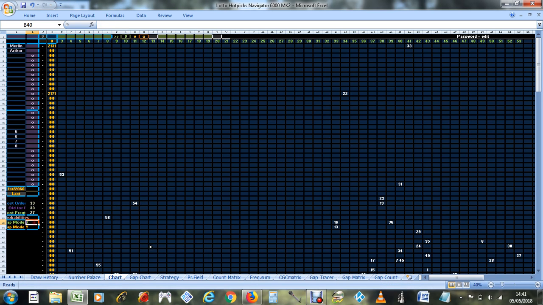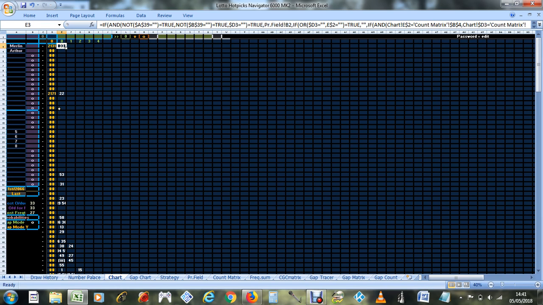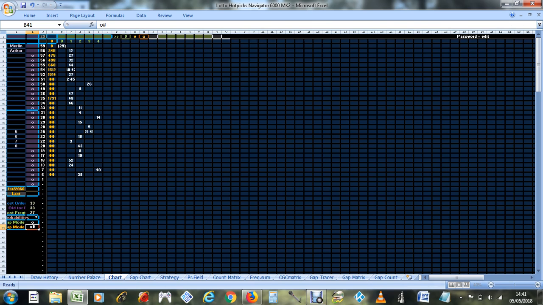So let's have a look at this chart. So you can see 33 is most overdue on this chart as well, but we'll see where its gap is. Let's see, where's number 33? There it is, current gap yet to occur.